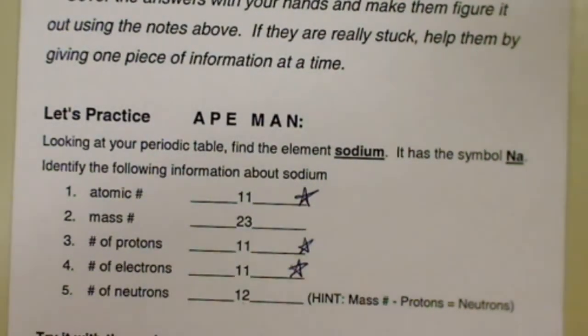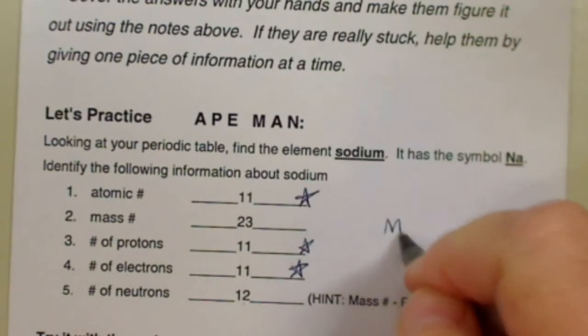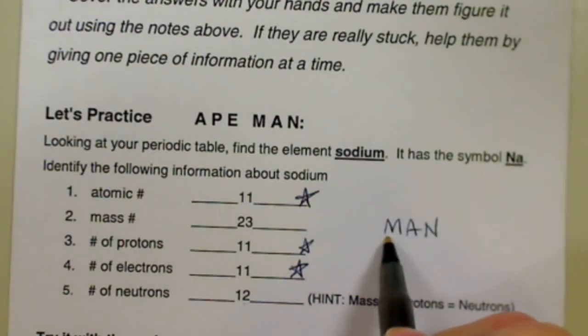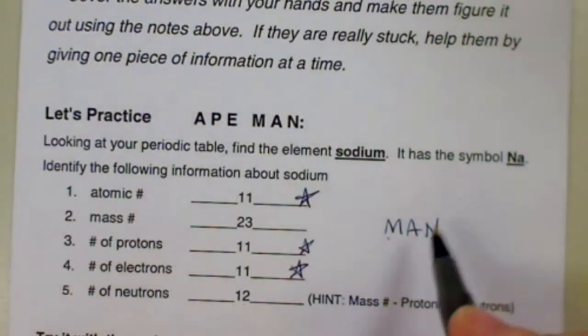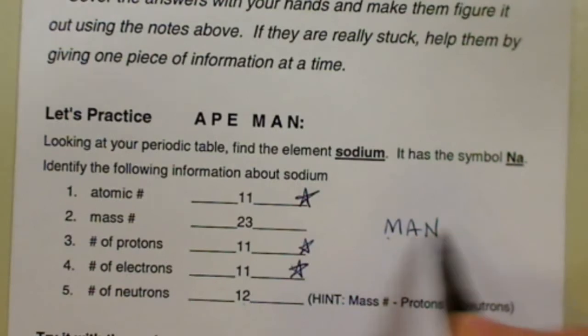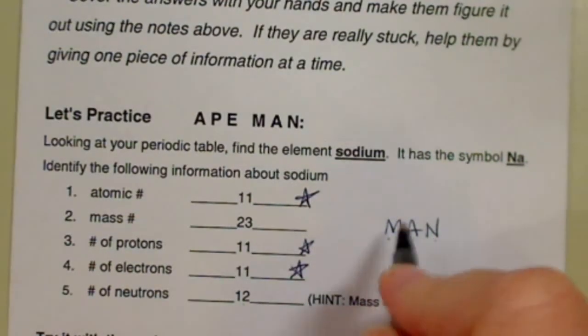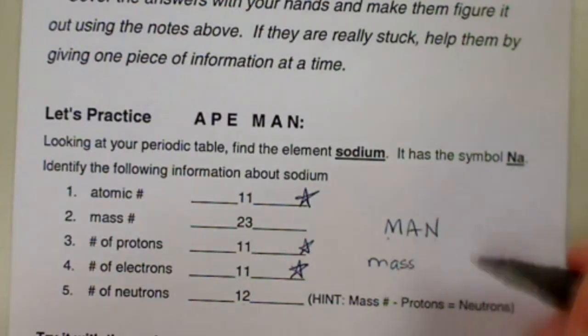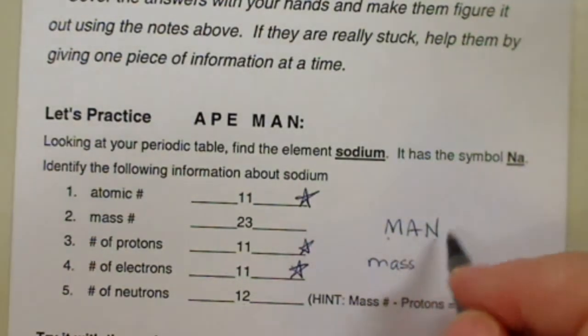Well, how did we get that? Remember the MAN part of APE-MAN. The mass number is telling you the atomic number plus the neutrons. So your mass number is your atomic number plus your neutrons.